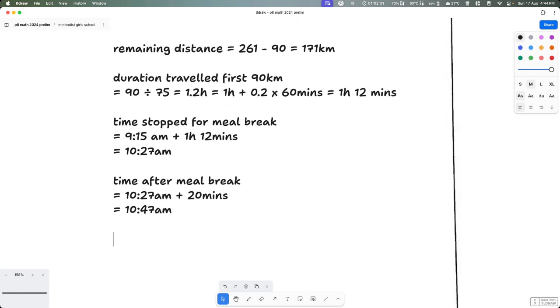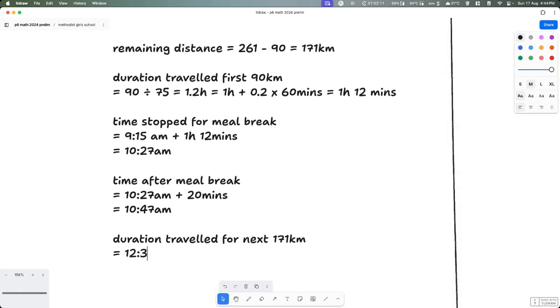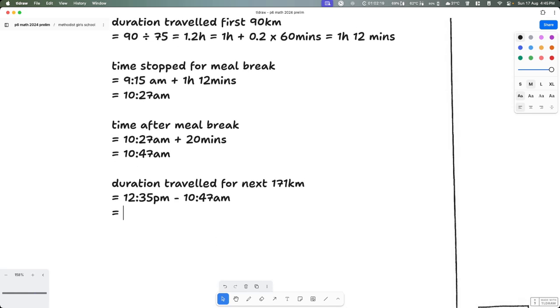The duration traveled for the next 171 kilometers is equal to 12:35 p.m. minus 10:47 a.m. In this case, we can just put it as 11:95 minus 10:47.